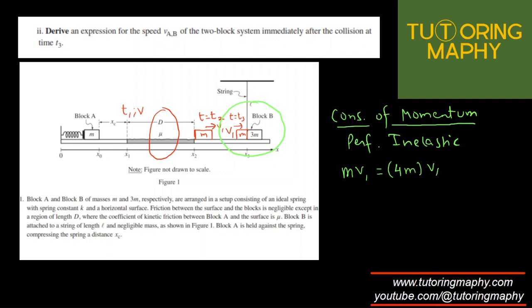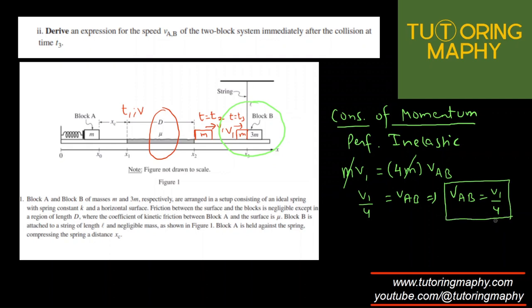In fact, they are representing that as VAB. So I'm going to do the same, VAB. So m and m are gone, and I'm left with v1 over 4. Flip the omelette. So VAB will be equal to v1 over 4. And now I know why I am interested in v1, because if we find v1, then a quarter of it is going to be the answer.